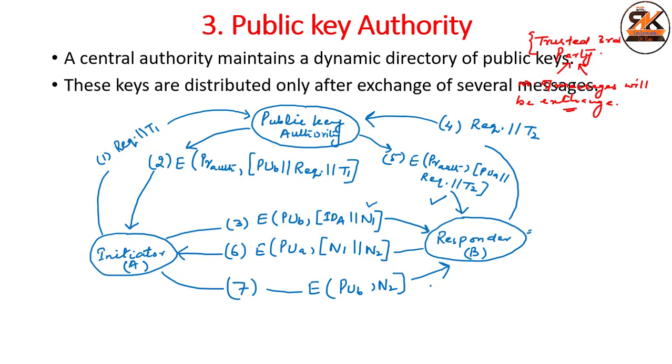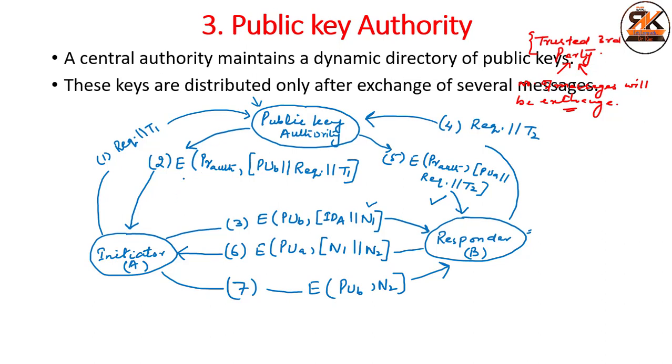Okay, so in this technique, if you see, there are different parameters. One is the timestamp. The timestamp is used to avoid replay attack, or to get the current version of the public key. And also the authority: there is an authority which signs the message sent to the participants. So we have a trusted third party, and this trusted third party is signing the public keys sent to the users.